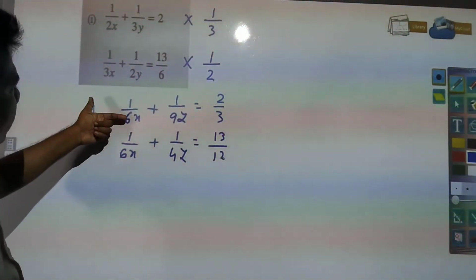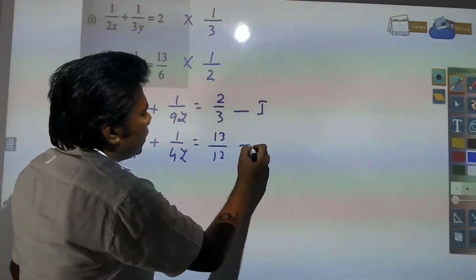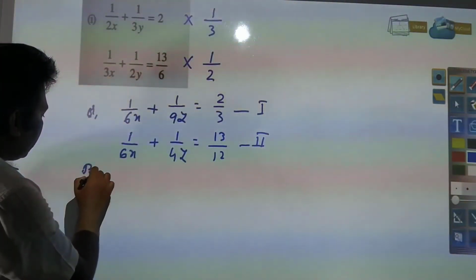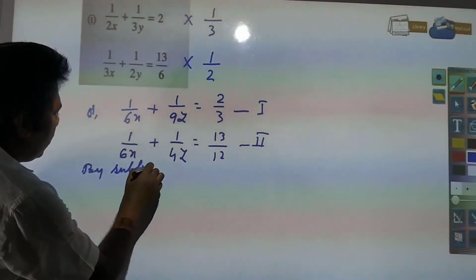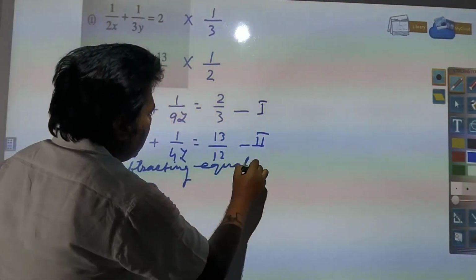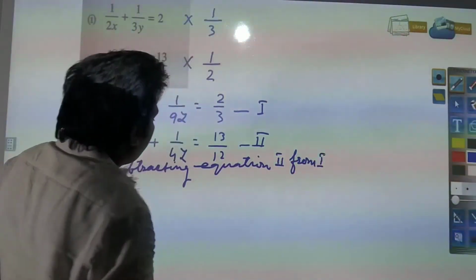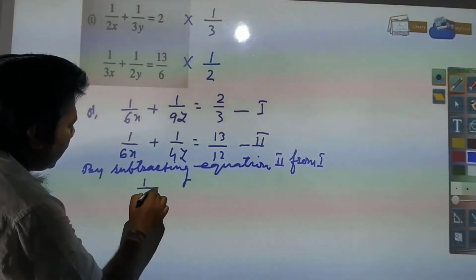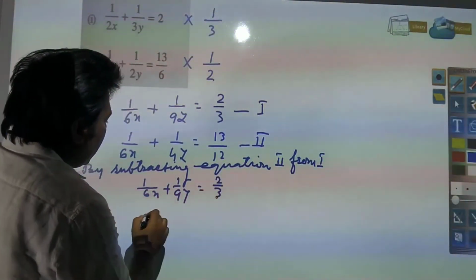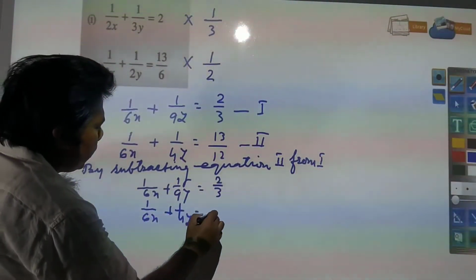Now here you see your variable x is equal. So what is required to be done? Suppose this is equation 1 and this is equation 2. So 2 is required to be subtracted from 1. By subtracting equation 2 from 1, what we will get? 1 by 6x plus 1 by 9y is equal to 2 by 3, and 1 by 6x plus 1 by 4y is equal to 13 by 12.